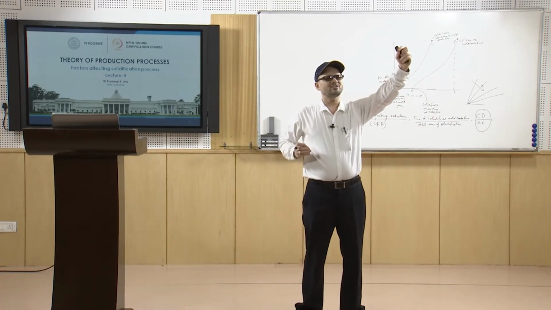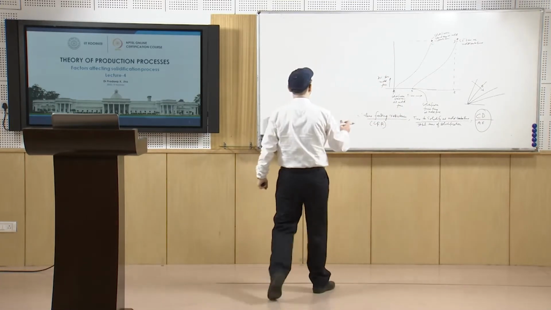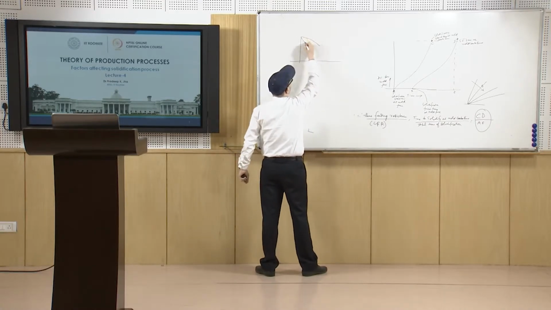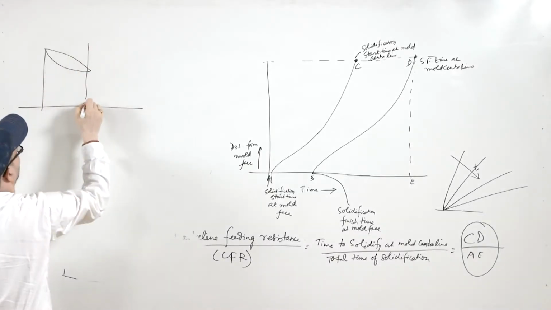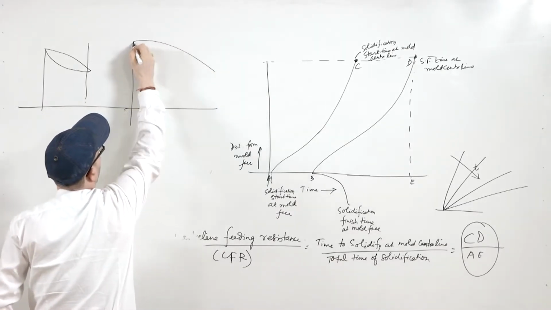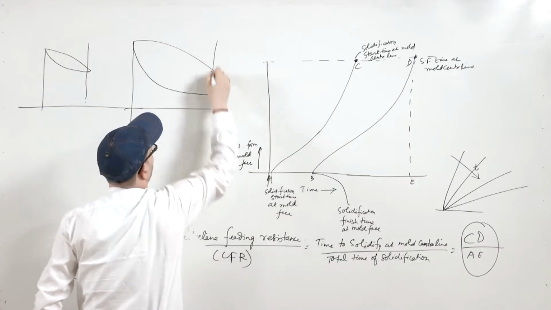Because if there is a large range, as we have seen, in the case of alloys you may have this kind of phase diagram, or you may have this kind of phase diagram.